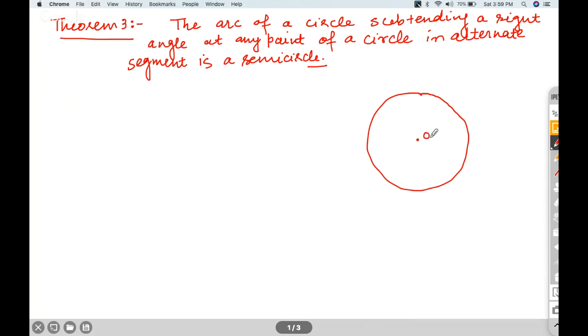This is center O, and I will draw this line AB. This is my point C.